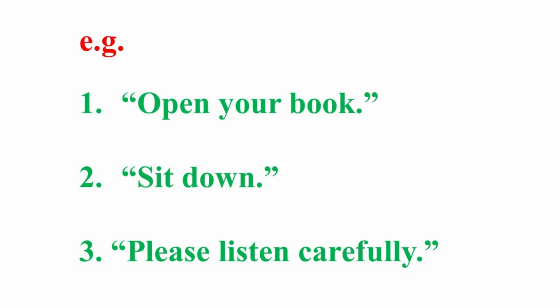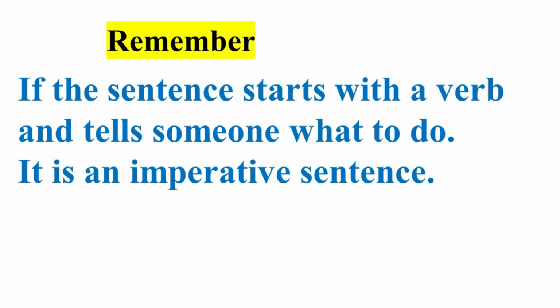Other examples: sit down. Please listen carefully. We don't say you, but we understand it. Alright? Remember this, everyone. If the sentence starts with a verb and tells someone what to do, it is an imperative sentence. I hope everyone understands this part clearly.